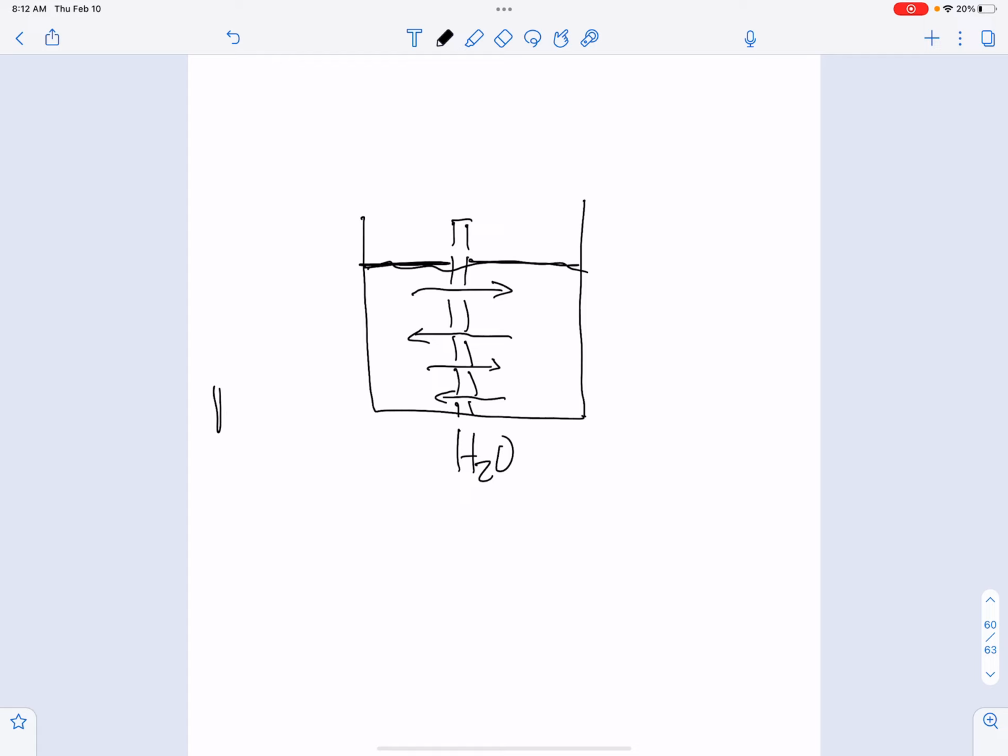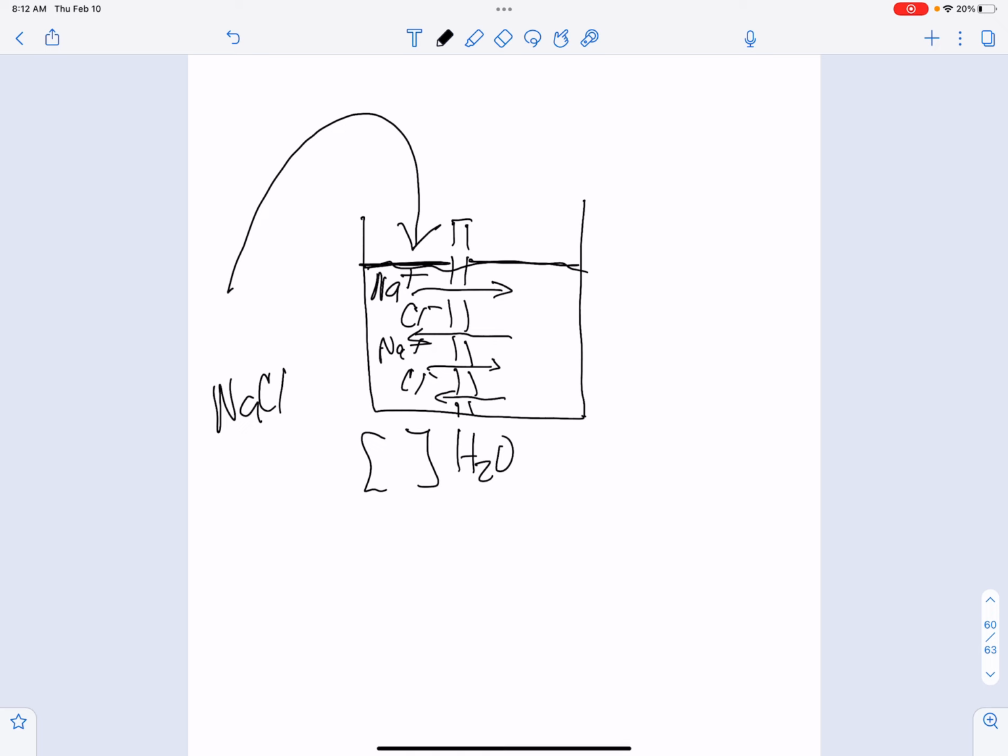What happens if I put sodium chloride in there? When I put sodium chloride on one of the sides, now you're going to have not just water, but other particles. And the concentration on this side is going to go higher. On this side, you cannot even talk about concentration because it's just pure solvent, right?